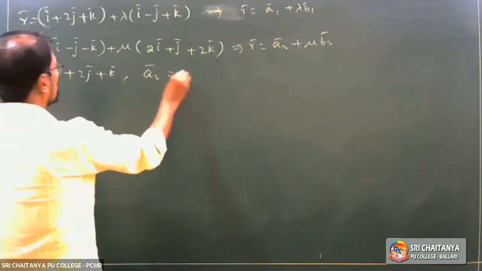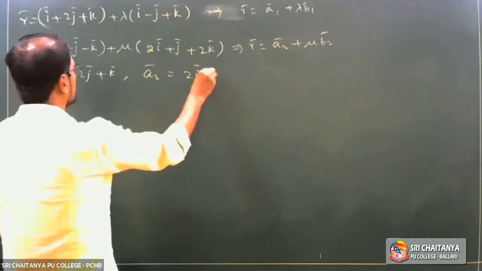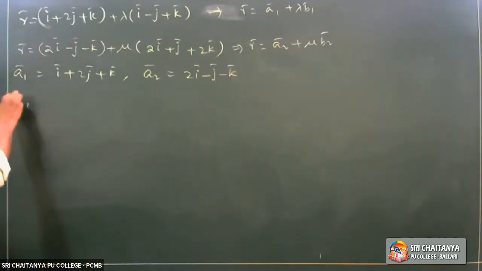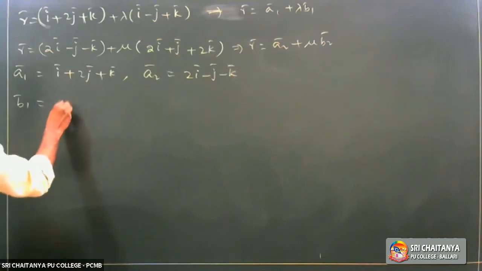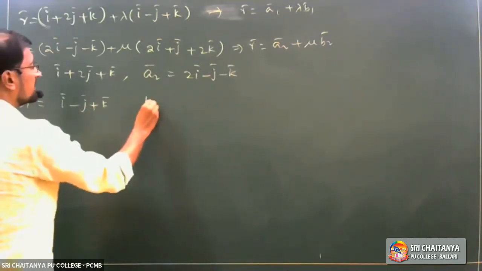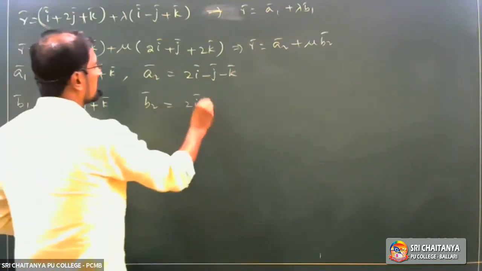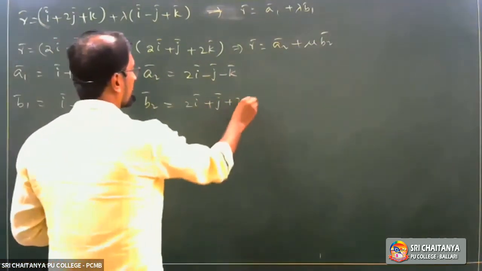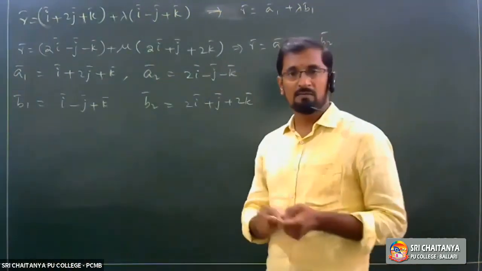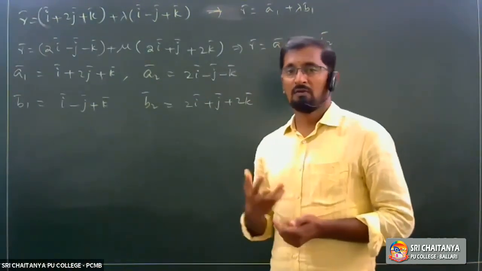Similarly, A2 bar equals 2i minus j minus k. B1 bar equals i bar minus j bar plus k bar. B2 bar equals 2i plus j plus 2k. I hope you understood the comparison between the two lines.